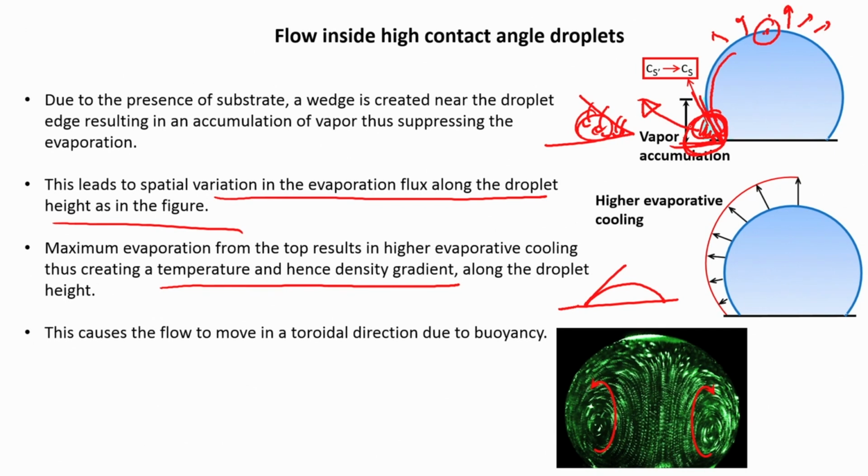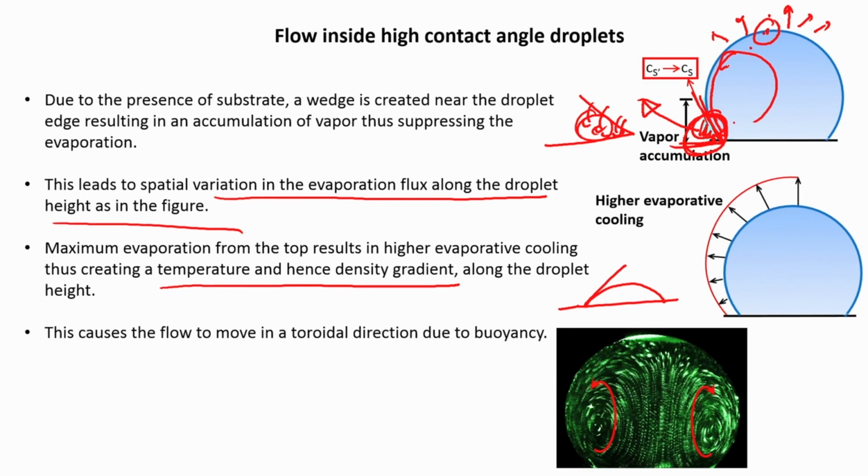Okay. And as we know, the moment this happens, you create a density gradient of some sort, this one being a little lighter, this one being a little heavier, because this is a little hotter, this is a little colder. As a result of that you immediately create a circulating current like a buoyancy. Buoyancy is stable, buoyancy is not there if you have hot on the top, cold at the bottom.